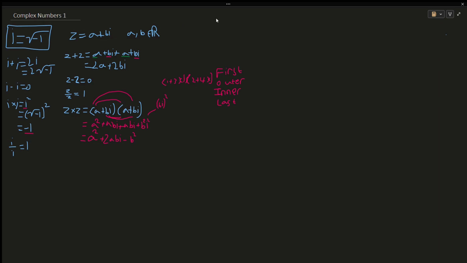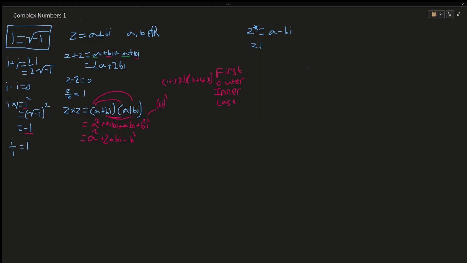The conjugate of our z here, which is a plus bi, would be z star, and this would be a minus bi. This would be the conjugate. And it gives us a lot of interesting identities when we do operations with them together.